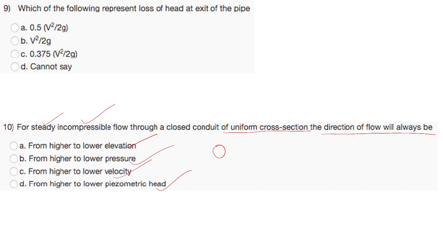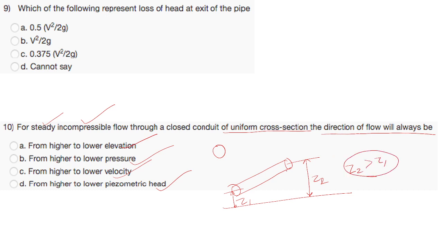So now we'll talk about it. Actually in the pipe it is always pressurized flow, so it does not depend on how your pipe is laid. If you measure the height from here, the level is here, Z2. So Z2 is greater than Z1.